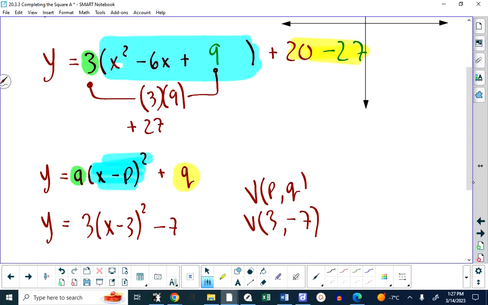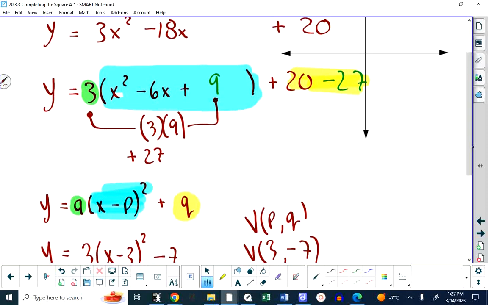So if this is y equals x squared, we're going to have it at 3, negative 7, and it's narrower. And again, we don't like to get into it in this course at this point, how much narrower or what the scale is. We'll worry about that in 30-1. Any questions with that one?